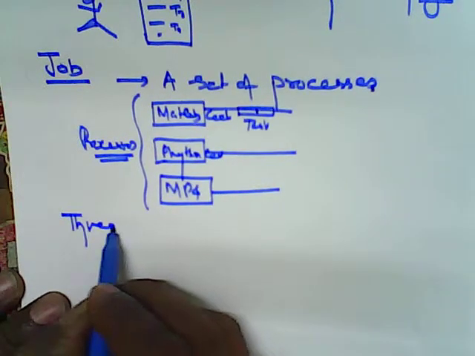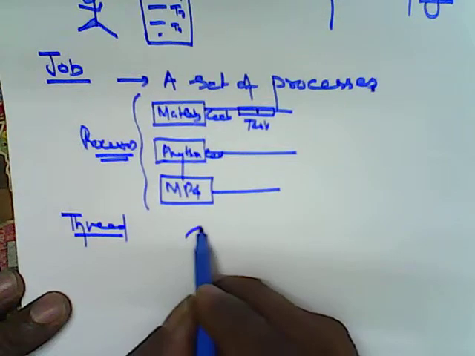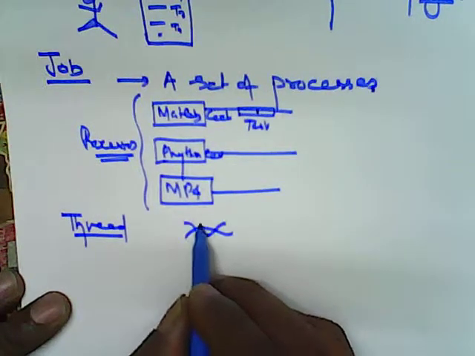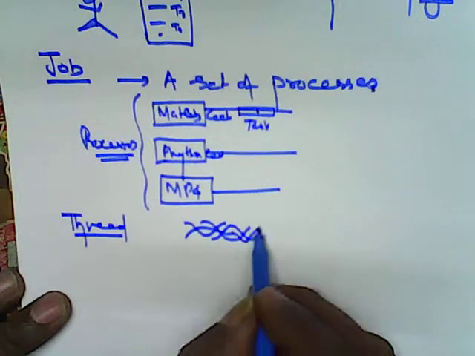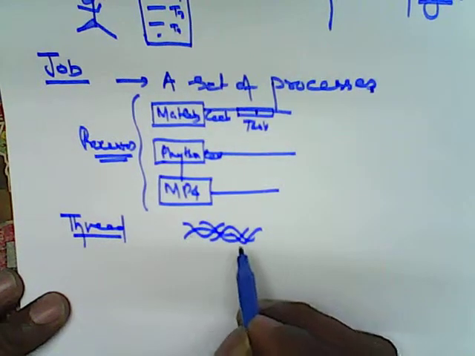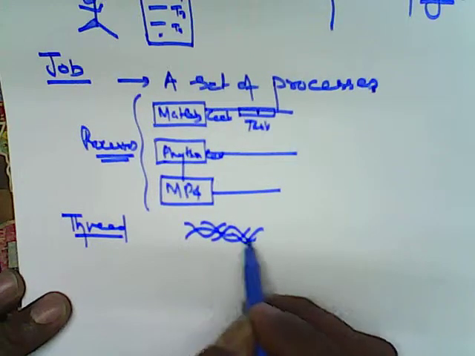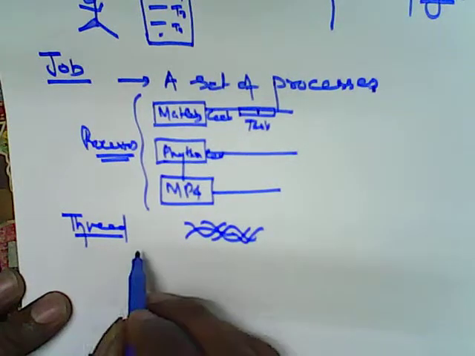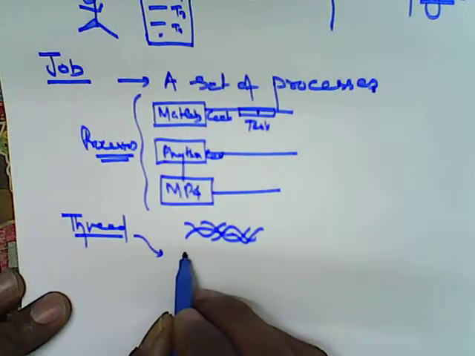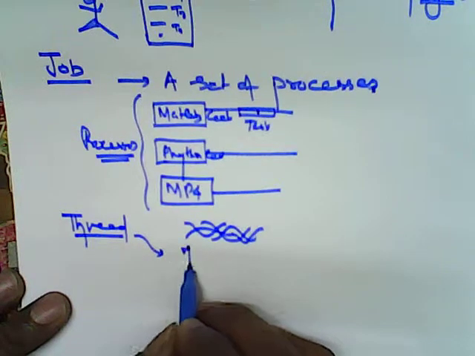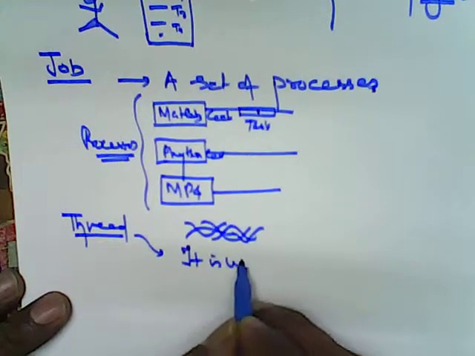Now next, let me put a very important word, thread. You know, any rope is a combination of multiple small single fibers. These are nothing but threads. So what is actually a thread in the operating system? It is used for small tasks.